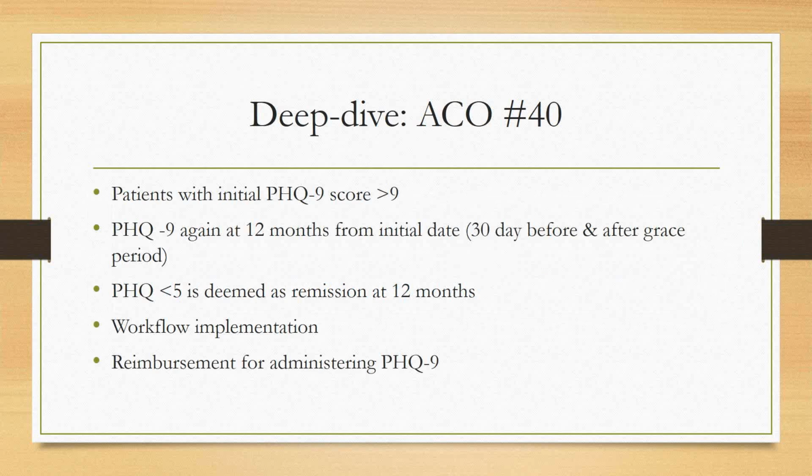So I kind of spelled it out a little bit here. Those patients that had an initial PHQ-9 score of greater than 9 and were diagnosed with depression would have to come in at 12 months from that initial date. There's a 30-day before and after grace period from when that initial PHQ-9 was administered.